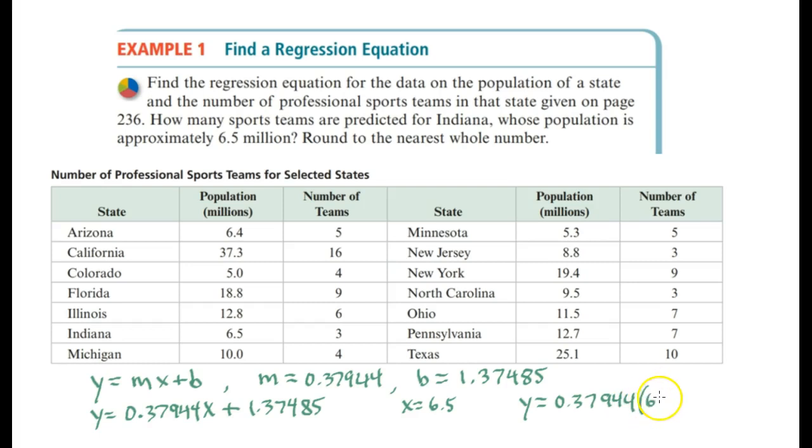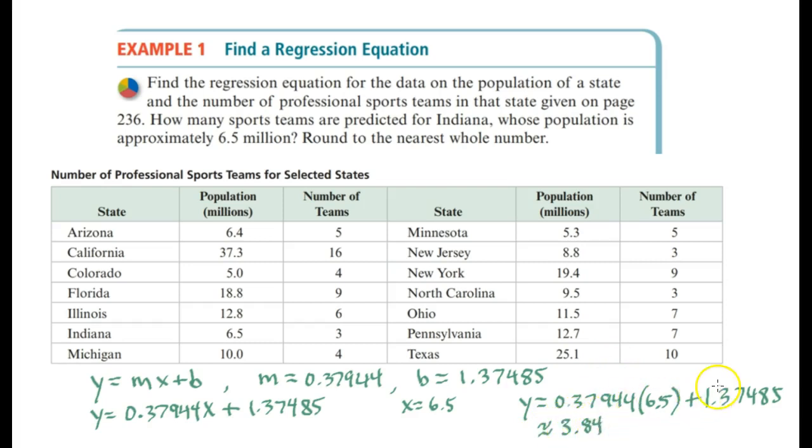And then substitute 6.5, and we're going to add 1.37485. And this calculation you can do pretty easily with your calculator, and you'll end up getting approximately equal to 3.84.